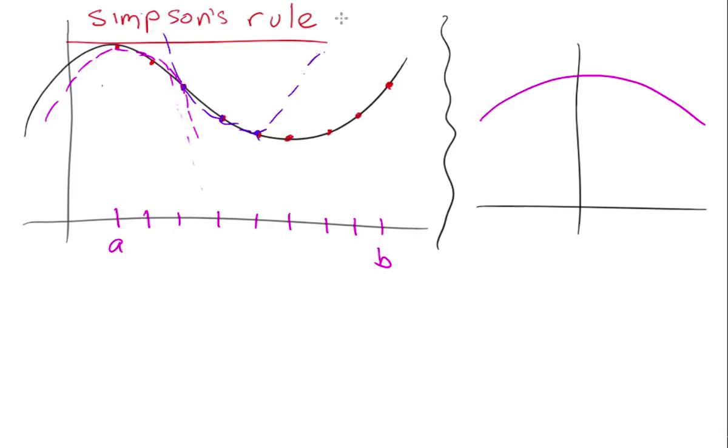And then so that's a parabola, and you can easily find the area underneath that curve, right? And then, let's see, so then you've got the next 3 points. And then, I don't know, the next 3 kind of like that or so.